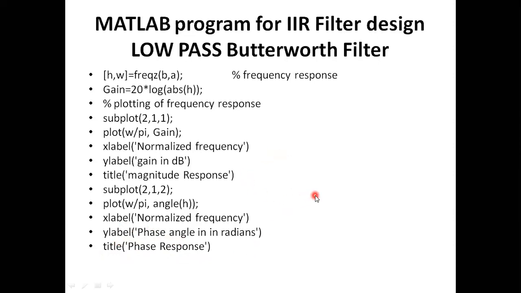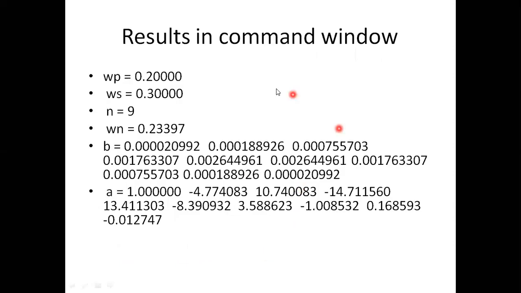So when you run this full program, you will get some results in the command window, and your plots also, both the magnitude plot and the phase plot. So these are the results which you get in the command window. One is your passband frequency. This is normalized frequency. Clear? This is not in hertz.